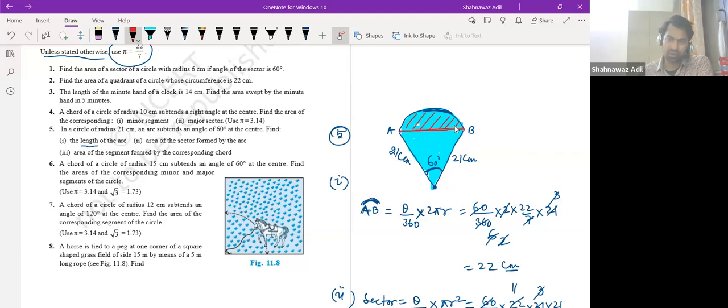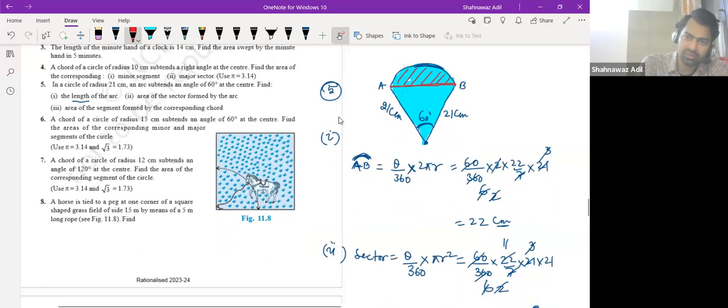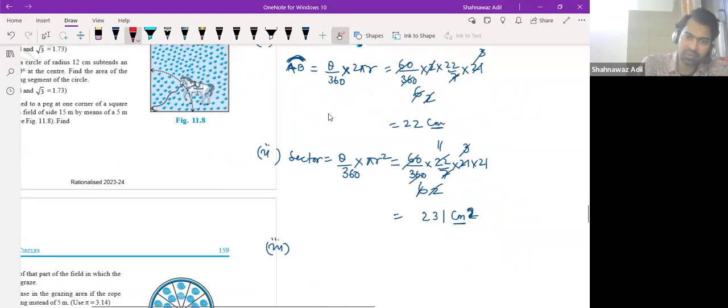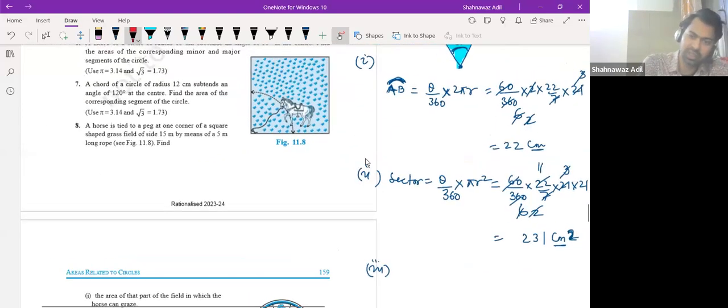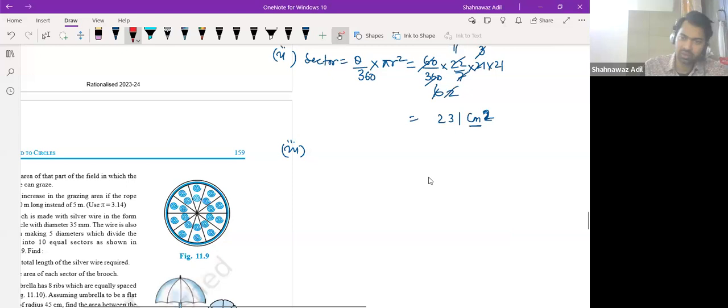Okay, so which formula will you use? We have to find the segment, right? So we have this thing. This is 60, and we have to find out this area.